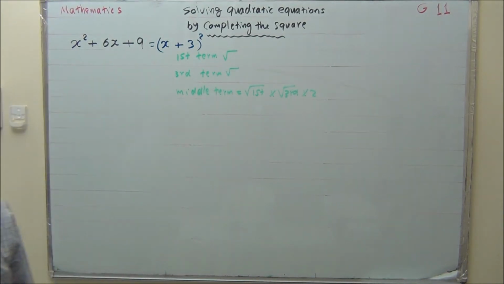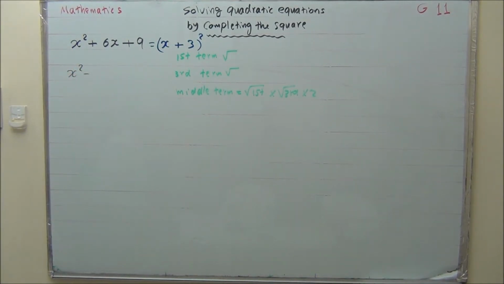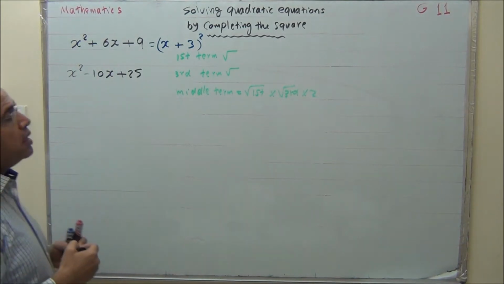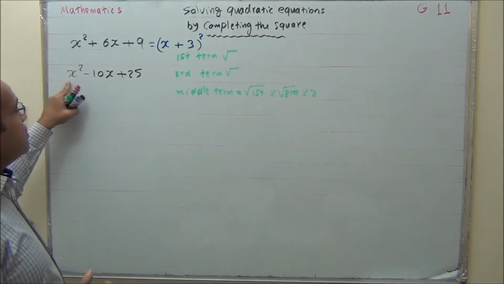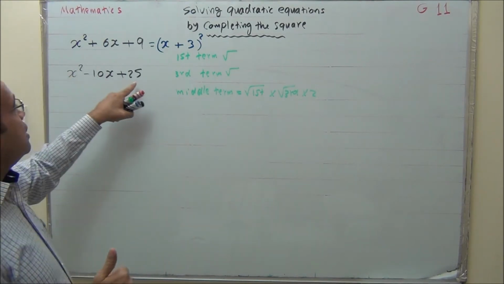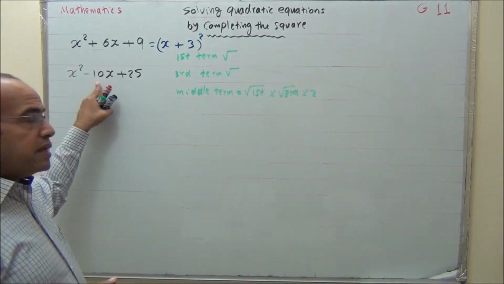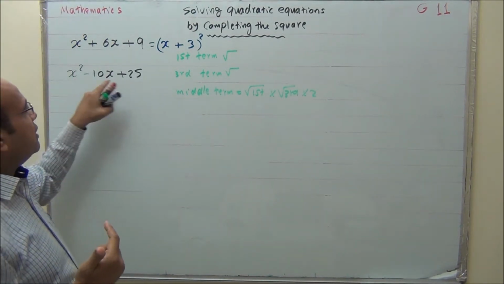Another example, x squared minus 10x plus 25. Is that expression a perfect square? We check. The first term, x squared, has a square root. The last term, 25, has a square root. The middle term is 10x: the square root of x squared, which is x, times 5 times 2.